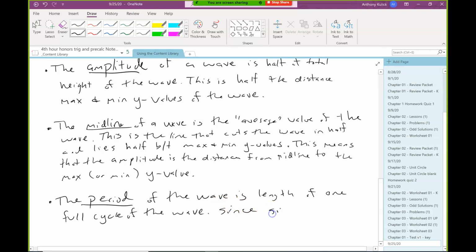Since sine and cosine repeat, we say that these waves are periodic.